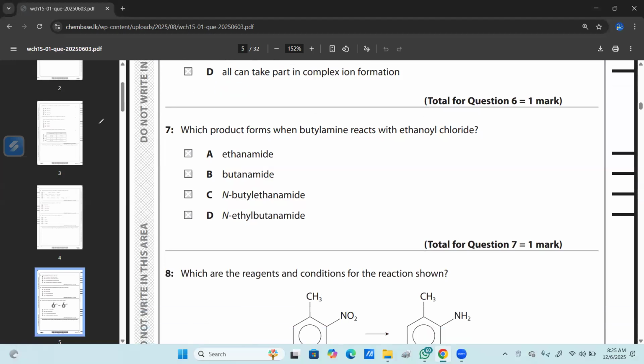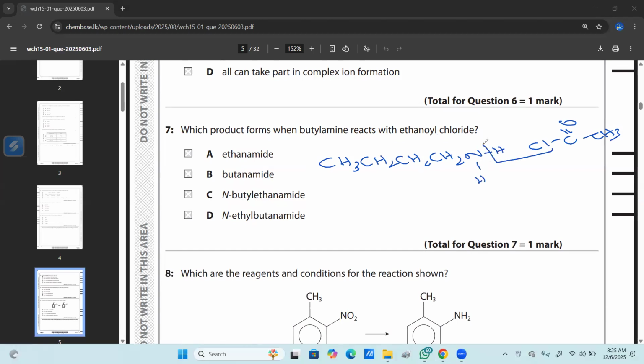Which product forms when butylamine reacts with ethanoyl chloride? So butylamine means CH3, CH2, CH2, CH2, because butyl means 4, and amine means NH2. Ethanoyl chloride is CH3COCl. To show how the reaction is happening, I will draw the displayed formula only for the amine group.